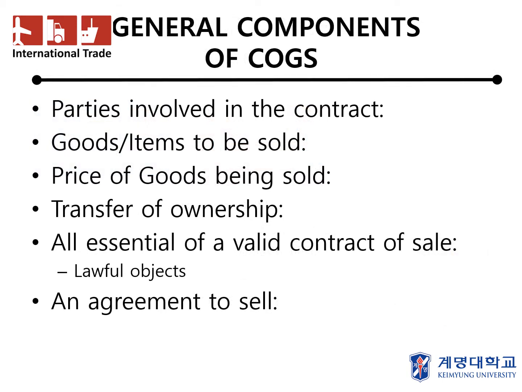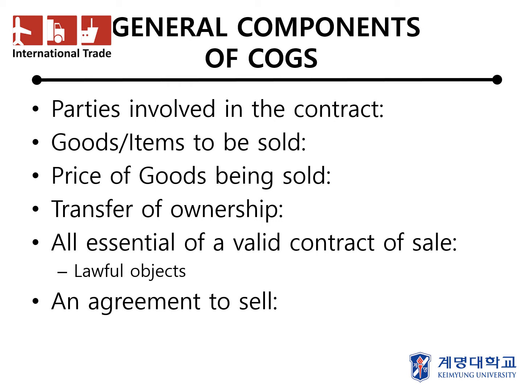Okay, what are the general components of a contract of goods and sale? If you take a look in different books and online resources, they come in different elements, but I would like to give you just the basics of what you can see inside the contract. First, in the contract, definitely you could see the parties involved.